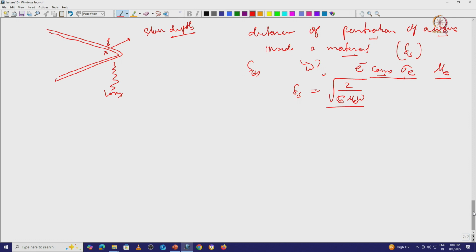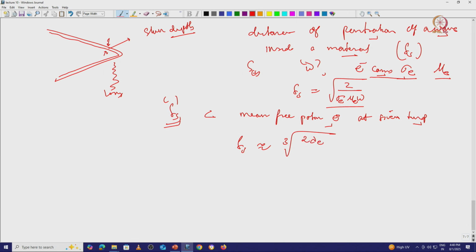Further, if this delta S is smaller than the mean free path of the electron at a given temperature, this equation can be modified to delta S is the cube root of 2 lambda E divided by sigma E mu E omega. Here lambda E is the mean free path.